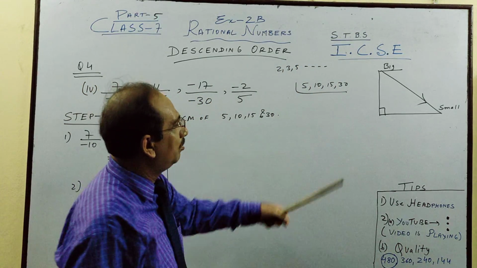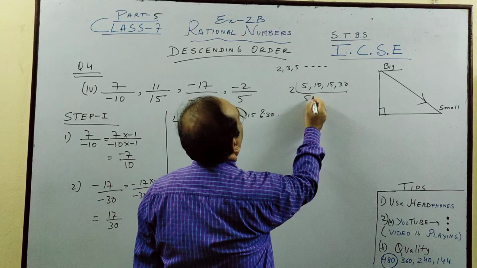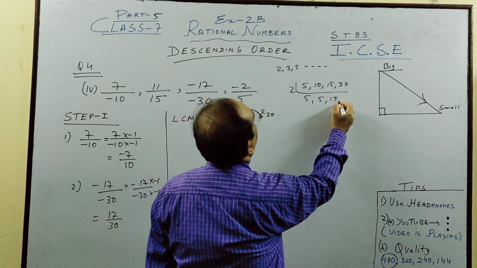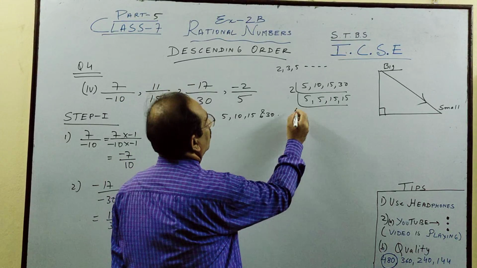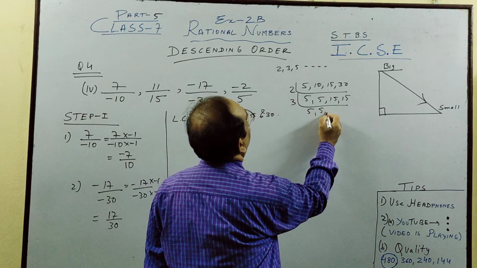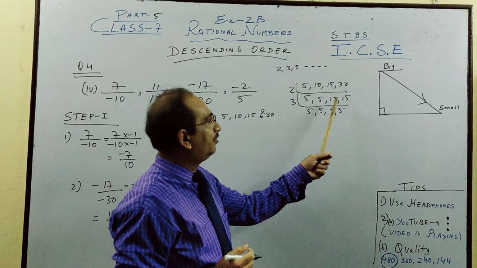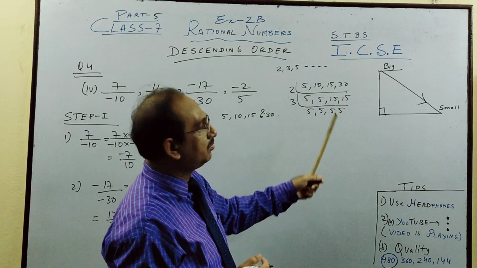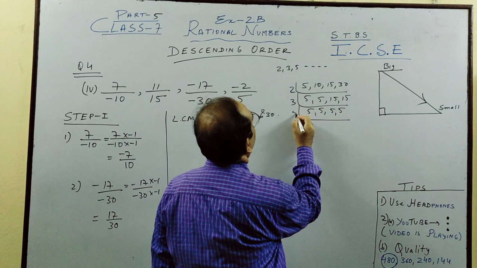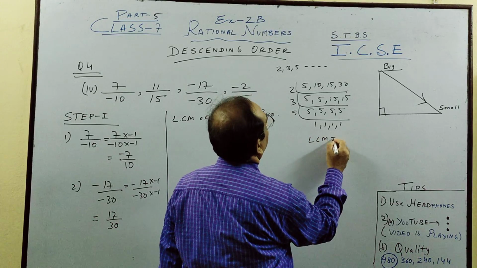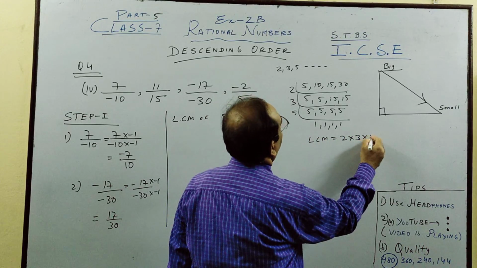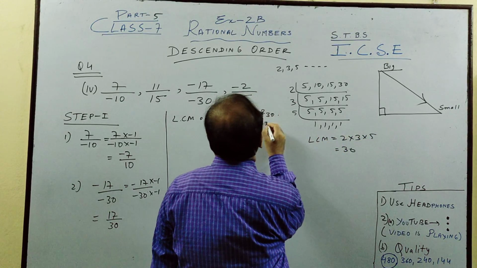Try with 2. Two numbers are going. So 2, 5, 5, 15, 15. Now 2 will not go. Try with 3. Two numbers will go. 5, 5, 5, 5, 15. 5 3s are 15. 5 3s are 15. And the last step is 5. 1, 1, 1, 1. So the LCM, children, is 2 into 3 into 5, which is 30.